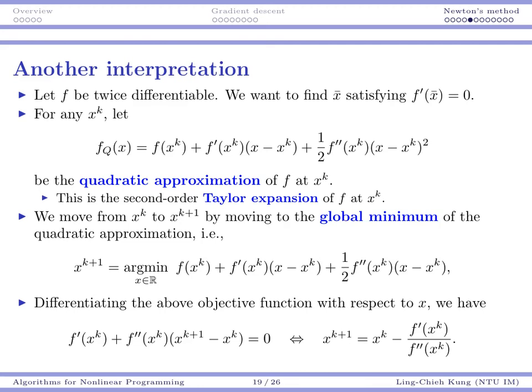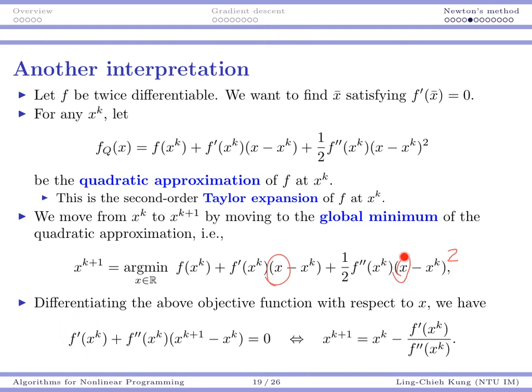Then let's see the connection. If I want to solve this problem, I need to differentiate this function with respect to x, right? So x is where? x is here, and x is here. Oh, sorry, there is a square here. So if I differentiate with respect to x, then I get this f prime.